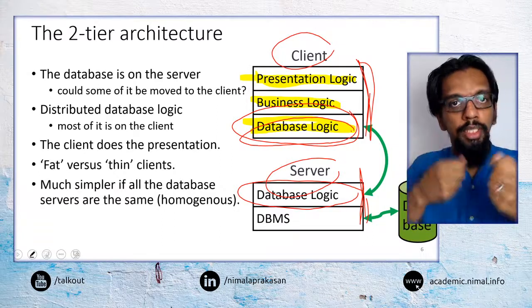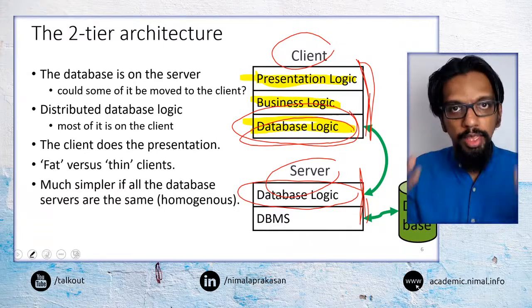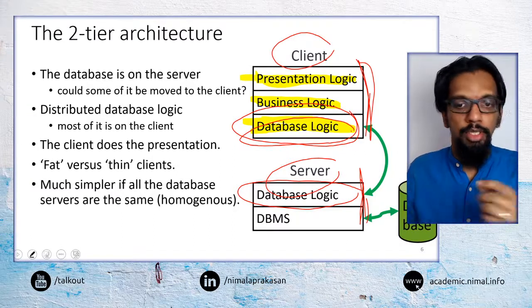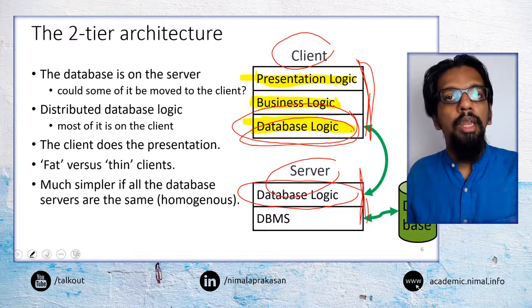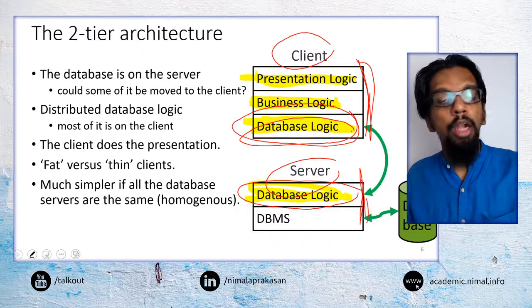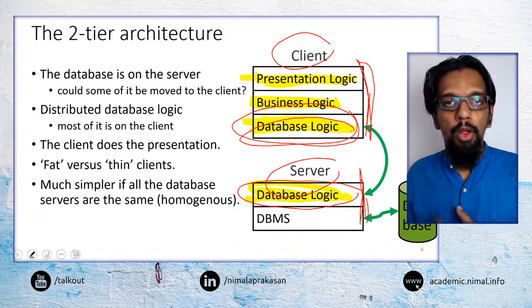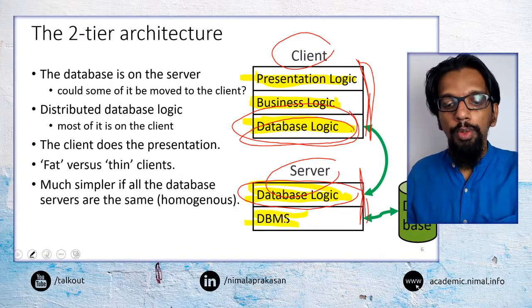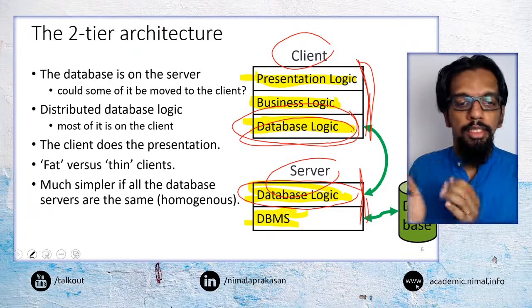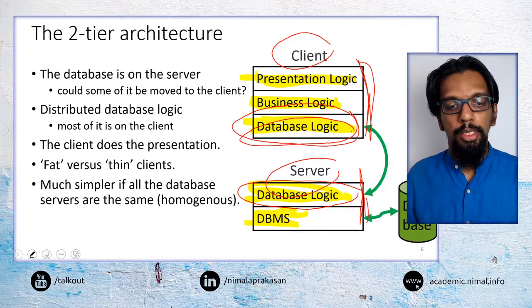Business logic is the logical operations that we will do with the data, and database logic is accessing the database. Some of these parts we can build on the client side, and some other parts, or some parts of database logic, we can build on the server side along with the database system. So we can organize these things in these different ways.